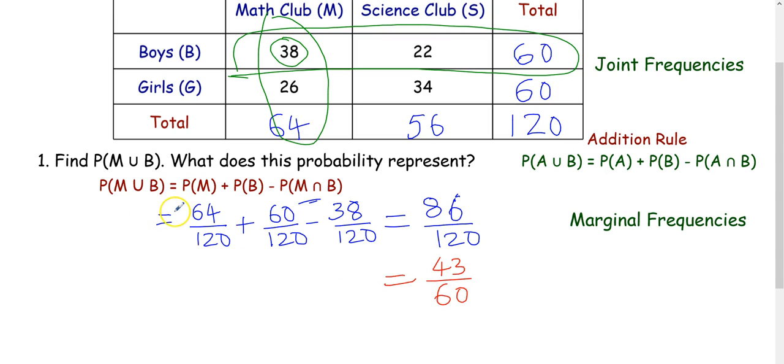That is P of M union B, which in decimal form is 0.7166, and as a percentage, 71.666, can be written as 71.7%.